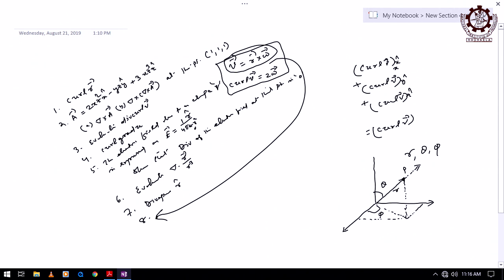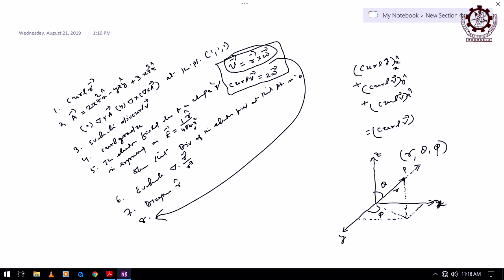These are the values of r, theta and phi, and if it is there, then you can tell that is your spherical polar coordinate. This is the z direction, this is x, y, z, right. So, when it is in terms of r, theta and phi, a point is represented by these three coordinates.